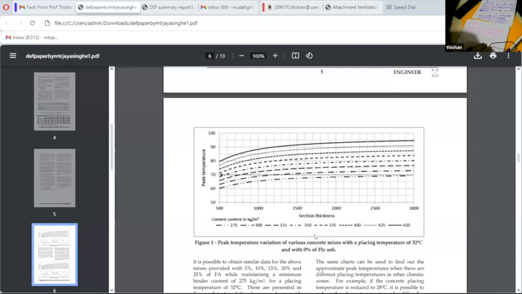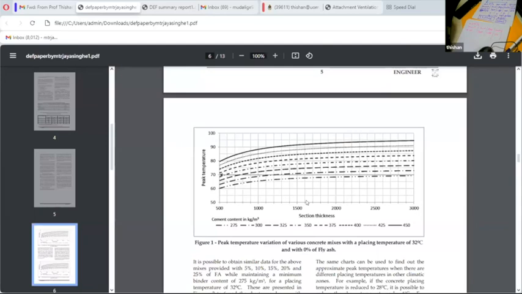What is 340 cement? This one. Okay, 340 cement, 350 cement. And you are reducing your placing temperature. Now you can see you can go up to 1500. So just by looking at this chart, the moment you know the cement content, you can say at which temperature you have to place the concrete.